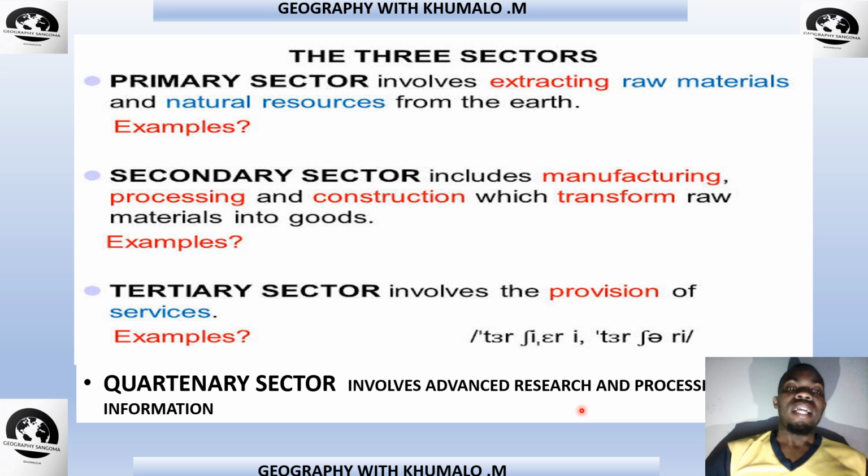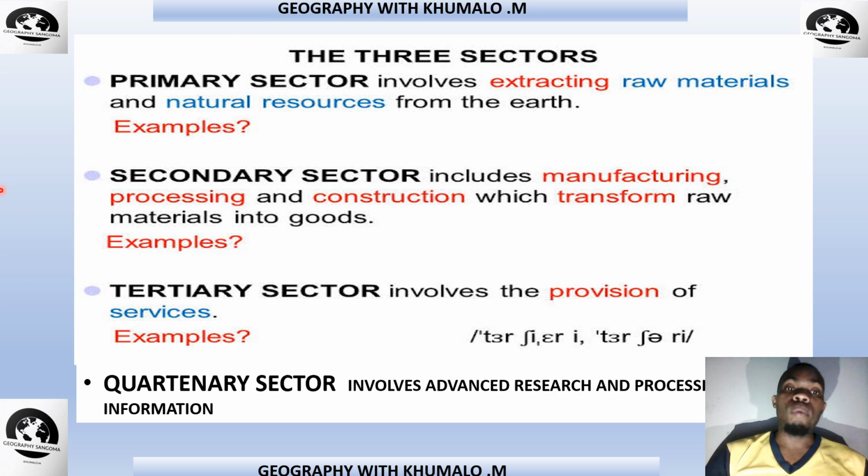Now remember, these sectors work hand in glove together, because the quaternary sector is going to do research on how this farmer or this primary sector can produce more. Once the primary sector produces more, or they are able to harvest more or mine more minerals, it grows the secondary sector, because there will be more raw materials to be processed.